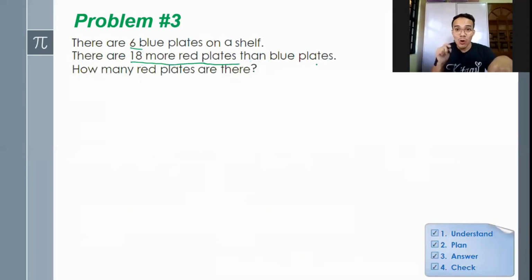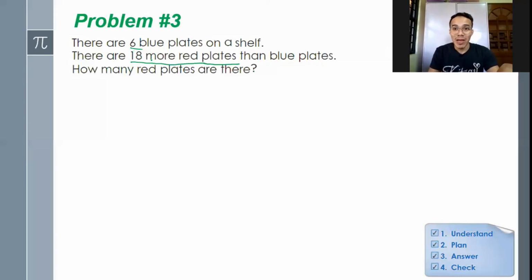We don't know the number of red plates yet, but the problem is providing us information like 18 more red plates. Okay, so based on this, I can say that the problem is comparing the number of blue plates and the number of red plates.